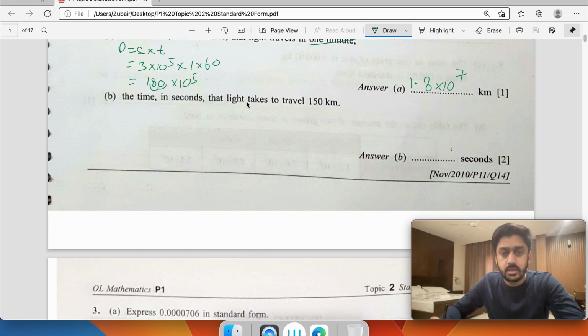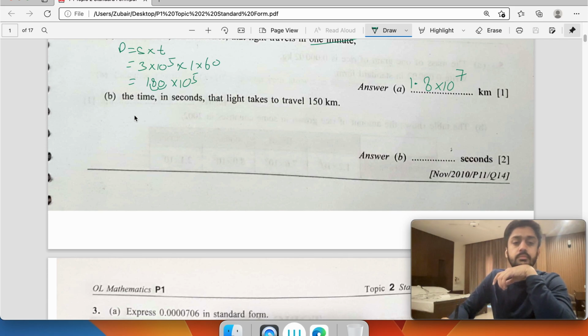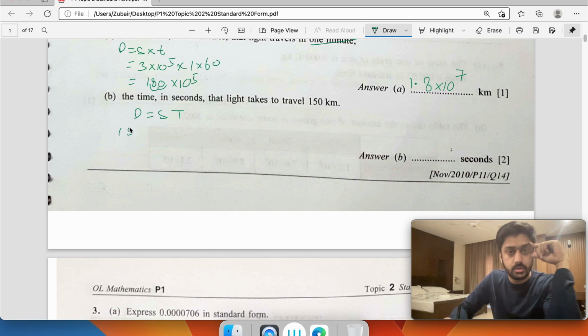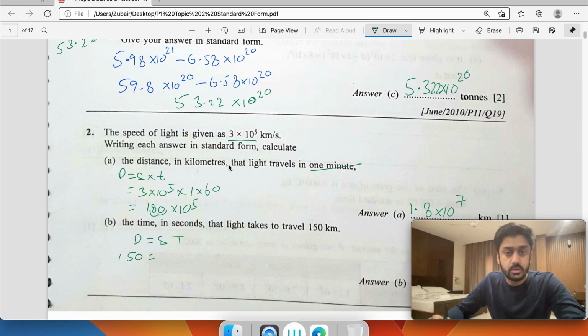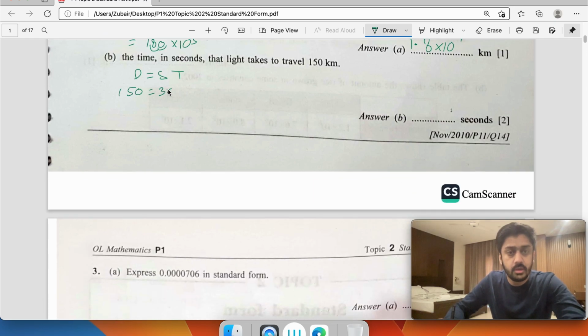The time taken in seconds that light takes to travel 150 kilometers. Distance is equal to speed times time. Distance is 150. Speed is 3 times 10 raised to power 5.